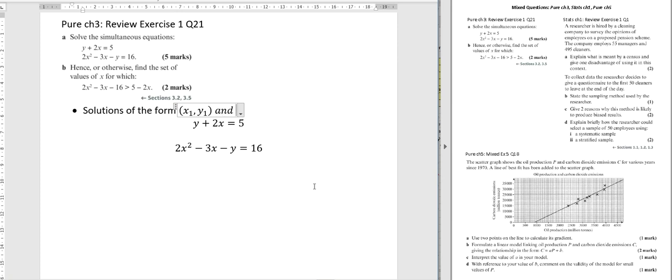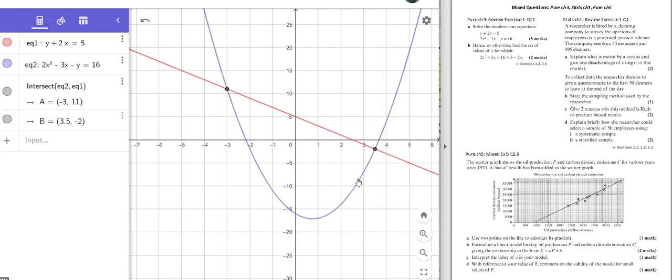But also, there'll potentially be a second solution because we're solving a linear with a quadratic. Now, if you actually graphed these, you would see that it looks something like this. We've got a quadratic curve, and a straight line going through it. So we can see that we're going to have a couple of solutions.